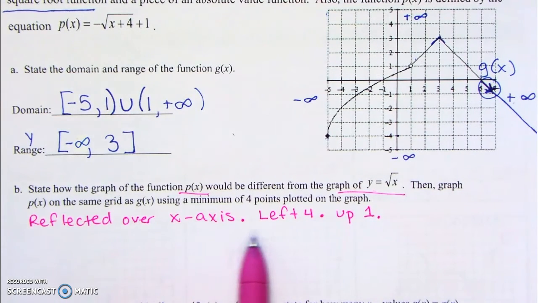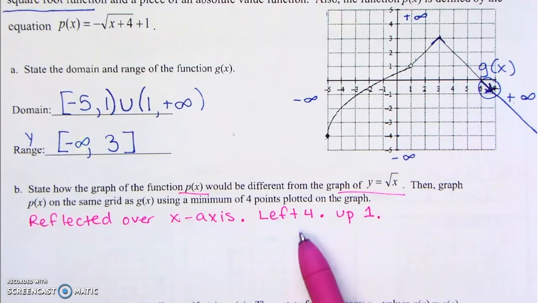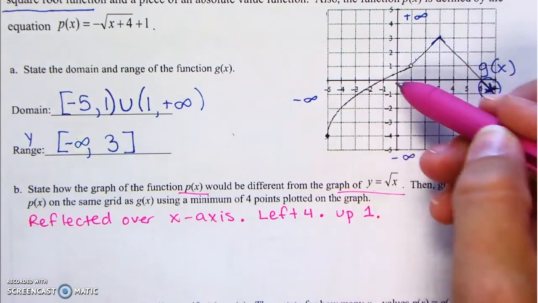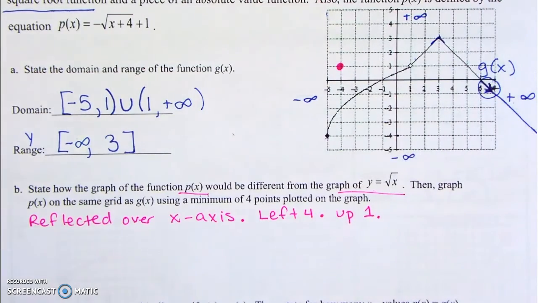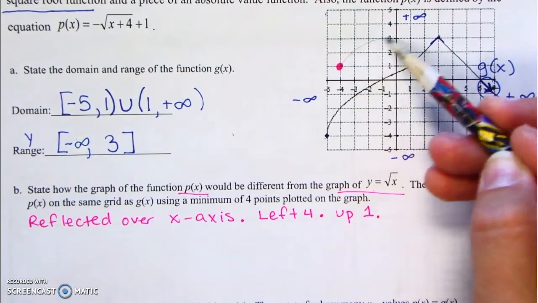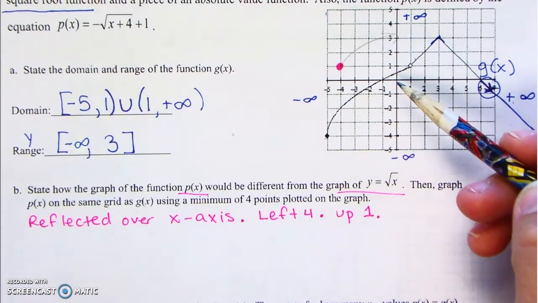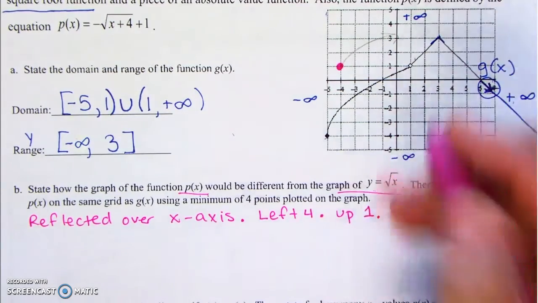Okay, so we need to graph a square root function that's been reflected and then moved left 4 and up 1. Normally, you guys, the graph goes like an arm up, but it's been reflected down. So instead of going up, we're going to go down.